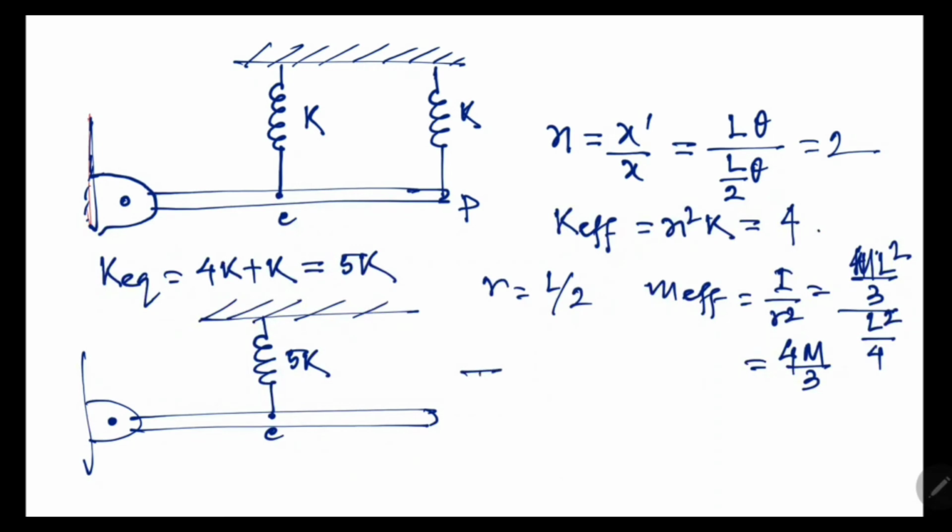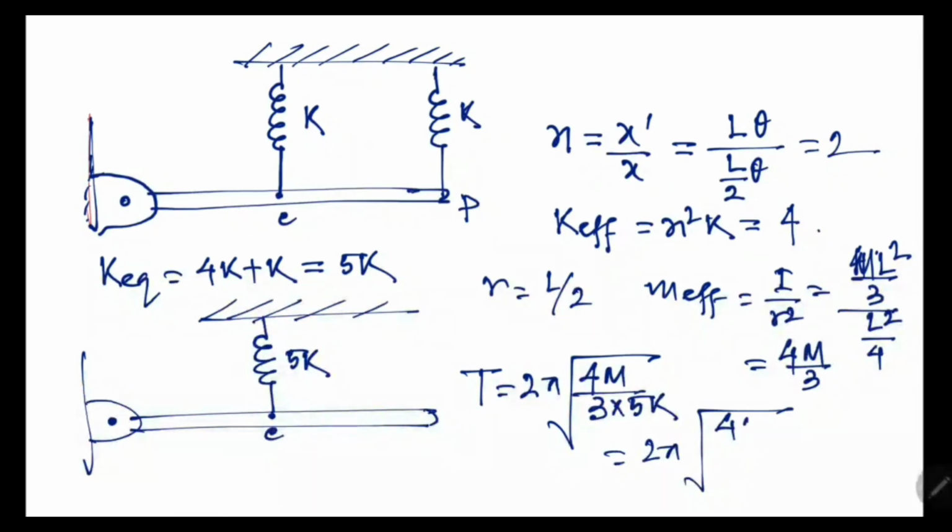Hence the time period T equals 2 pi into root over effective mass, that is 4m by 3, by spring constant, that is 5k. Therefore 2 pi into root over 4m by 15k. This is the time period of the oscillating system.